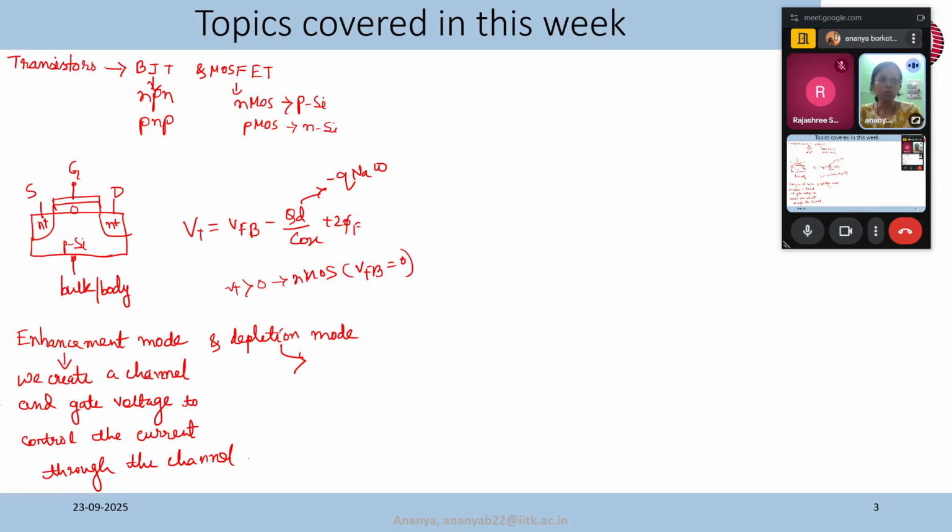What we can do is apply an opposite gate voltage to turn off the channel, to remove the inversion charges. This kind of device is known as depletion mode MOSFET.